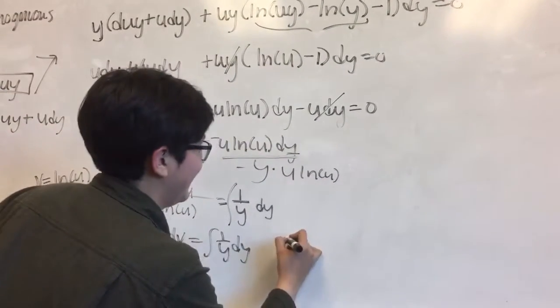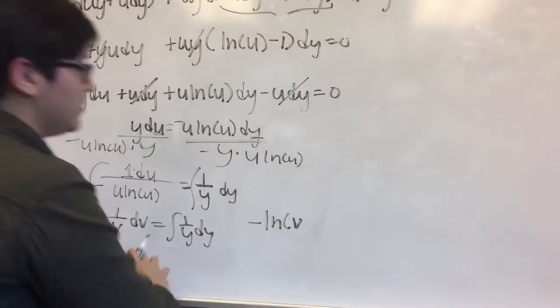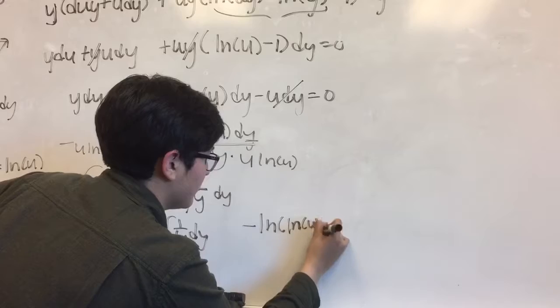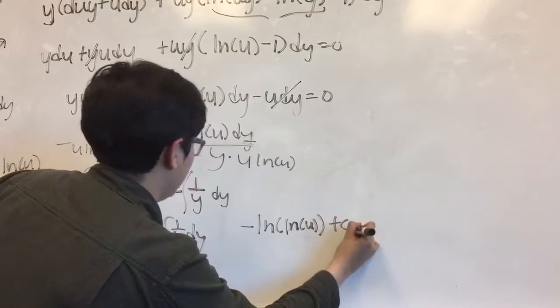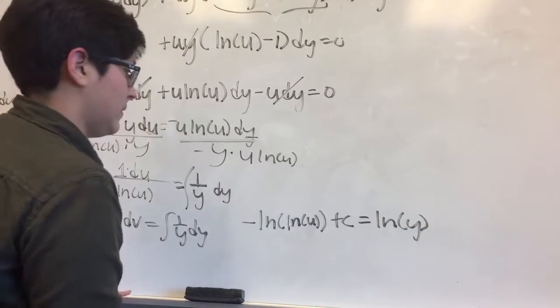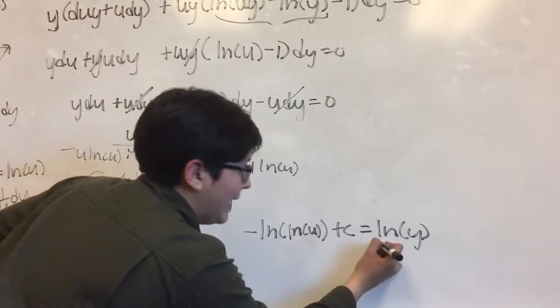So we have negative ln of v, which is ln u, so we're just going to substitute that in now, plus c is equal to ln of y.